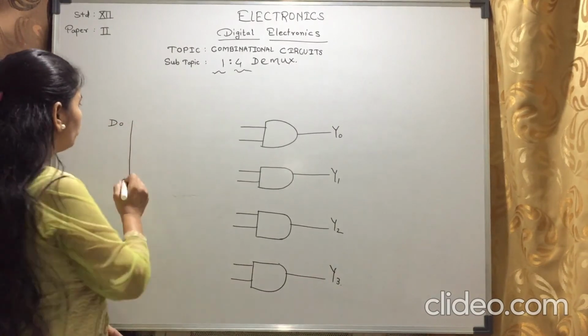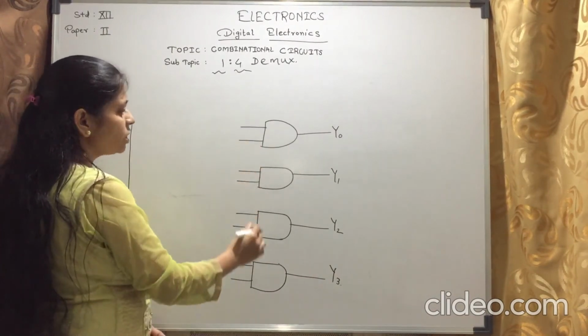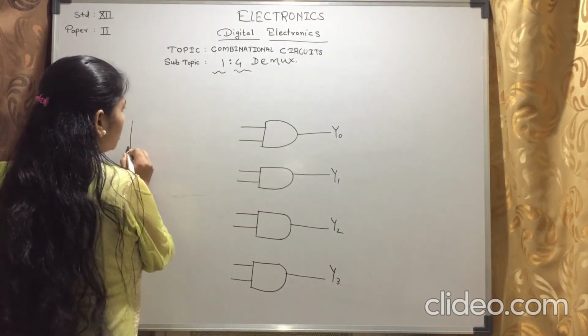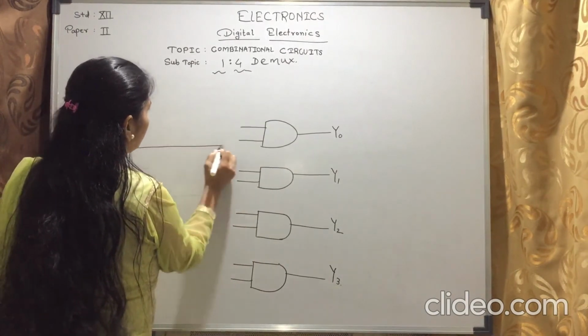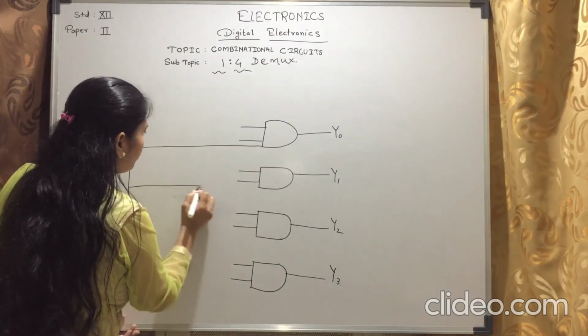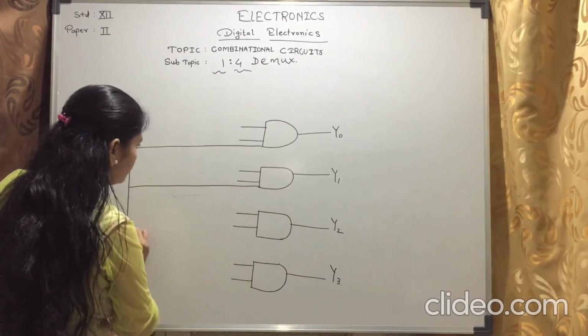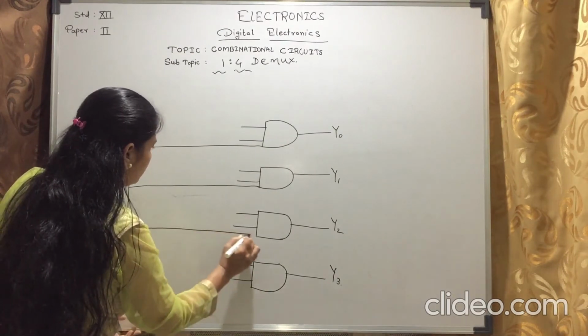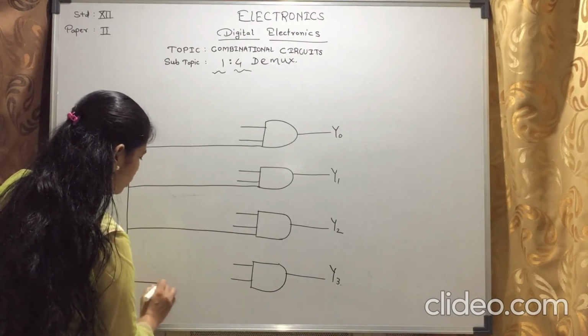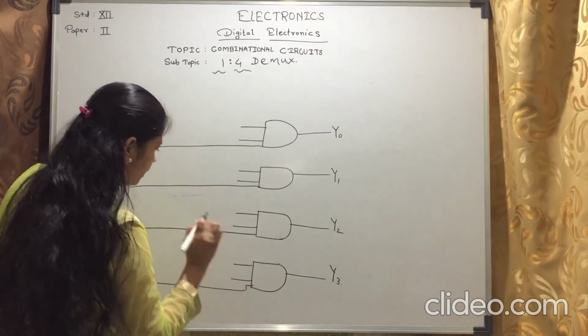Now this input line we have to connect to each and every AND gate. So this input line is connected to the first AND gate, second AND gate, third AND gate, and the fourth AND gate.